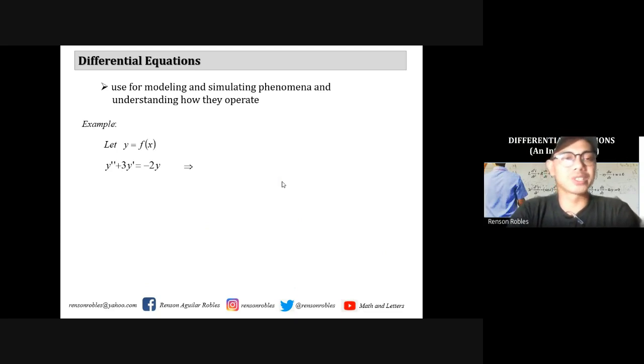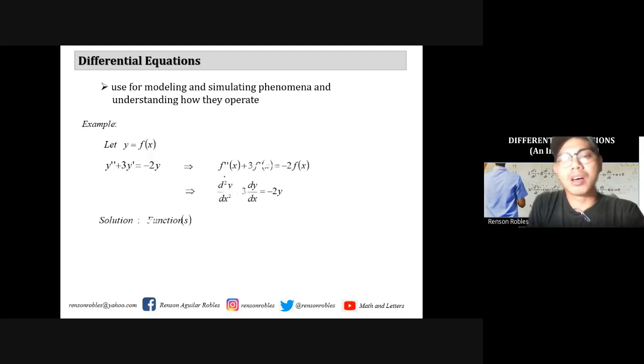There is the presence of the second derivative of y, and since y is written in terms of x, we have a second derivative of y with respect to x, and the first derivative of y with respect to x. This differential equation can be written in the form f double prime of x plus 3 times f prime of x equals negative 2 times f of x.